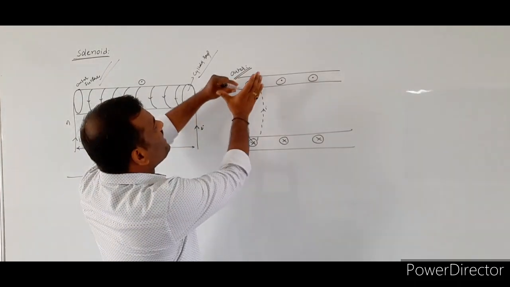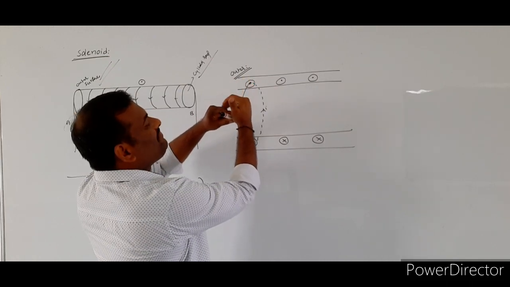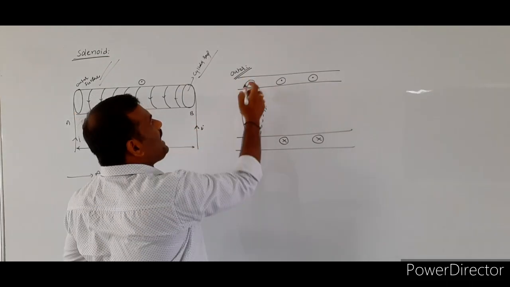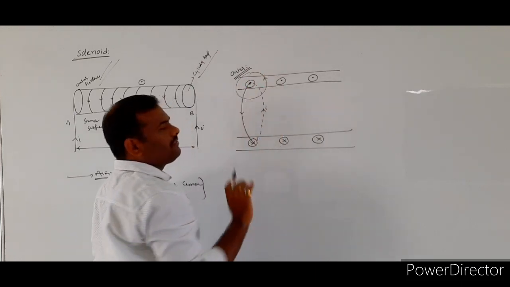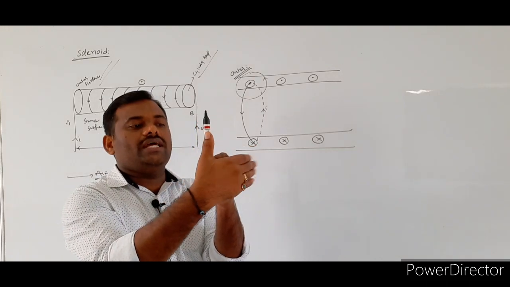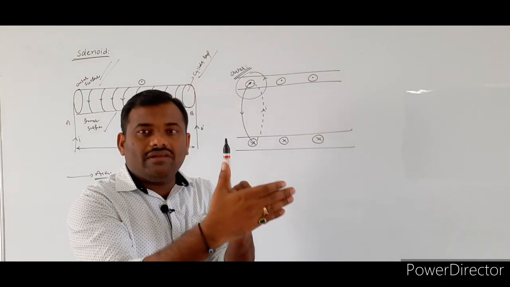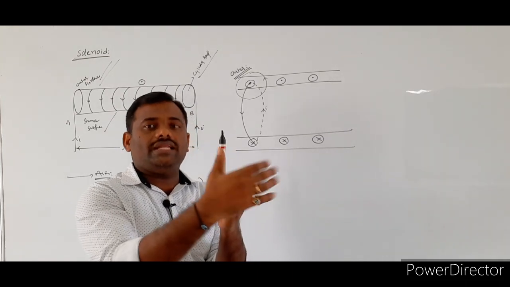So whenever the direction is coming out of the plane of the paper, the magnetic field lines will exist in which direction? Anti-clockwise direction. So current will be acting in the vertically upward direction.